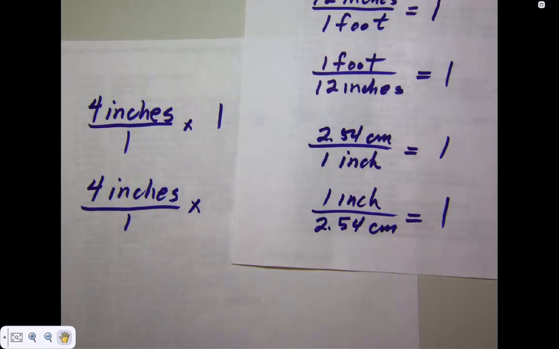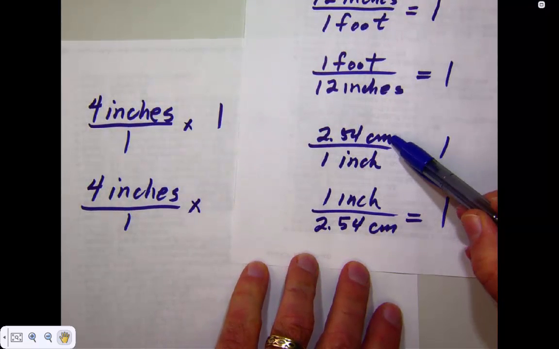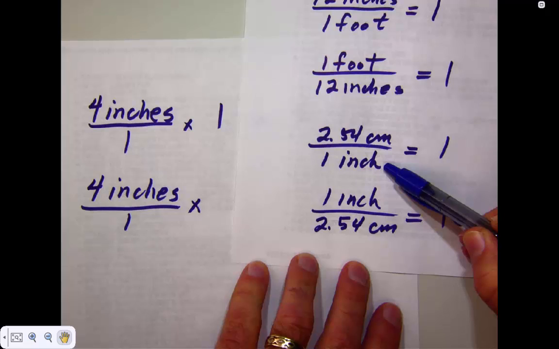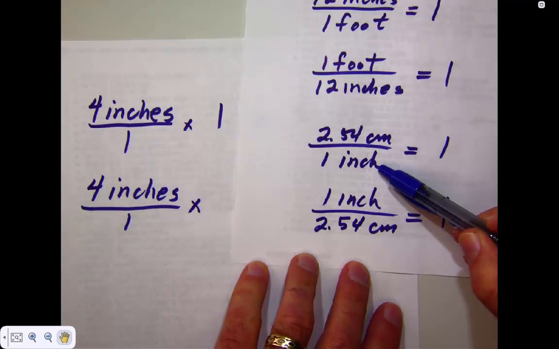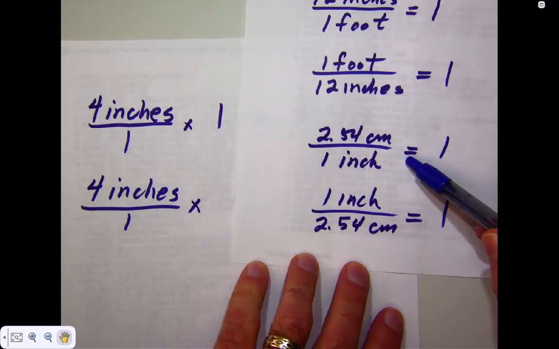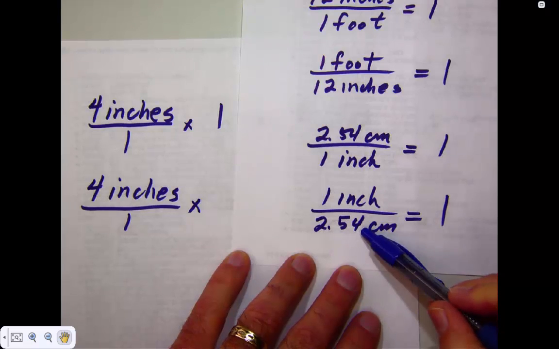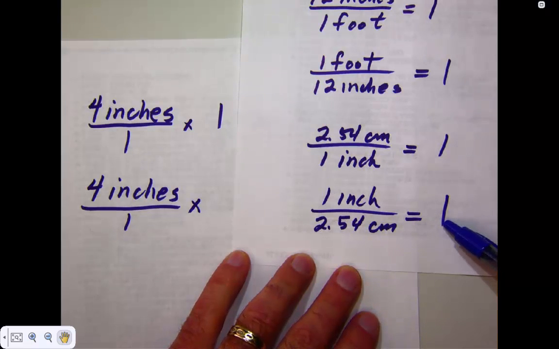Now, if you recall, when we set up a conversion factor, 2.54 centimeters equals 1 inch, and we wrote that as a fraction, 2.54 centimeters over 1 inch, we remember that that's equal to 1. Likewise, 1 inch over 2.54 centimeters is equal to 1.